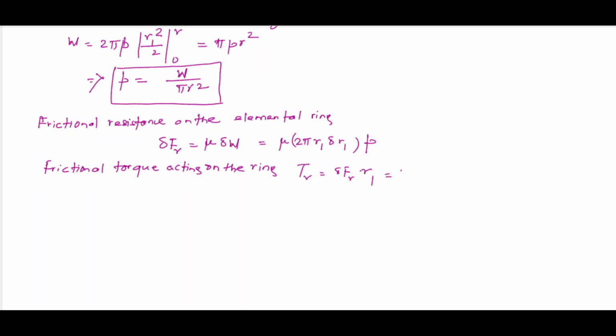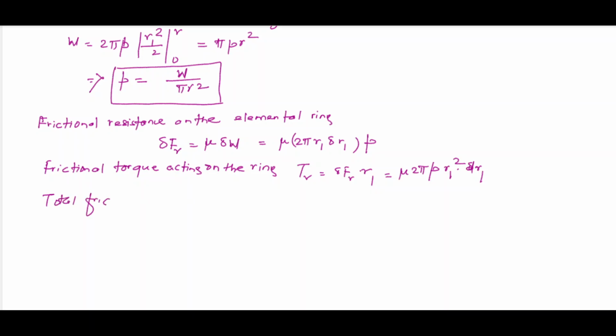So it will be mu 2 pi p r1 square into dr1.